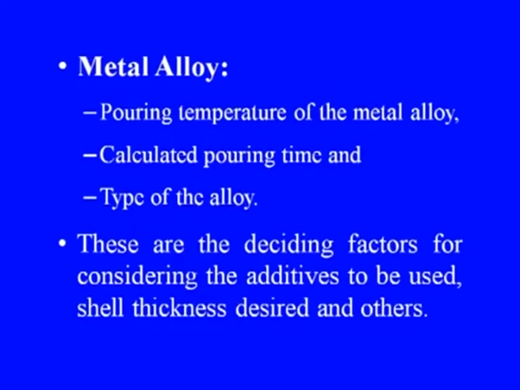How can these metal or alloy based parameters influence the product? These are pouring temperature of the metal and alloy, then calculated pouring time and type of the alloy. These are the deciding factors for considering the additives to be used, cell thickness desired and others.